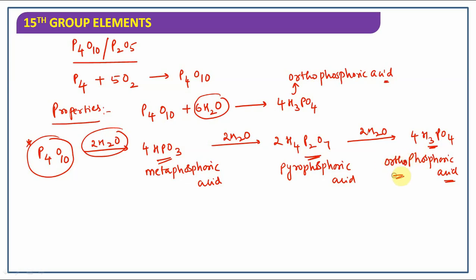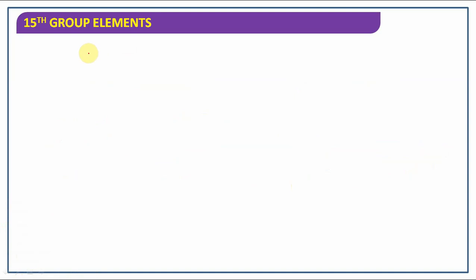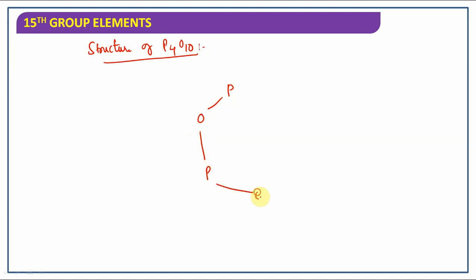Now let's talk about the structure of P4O10. Similar structure only. Observe it. All can be linked. So phosphorus can form maximum 5 bonds. Still 4 oxygens are pending.